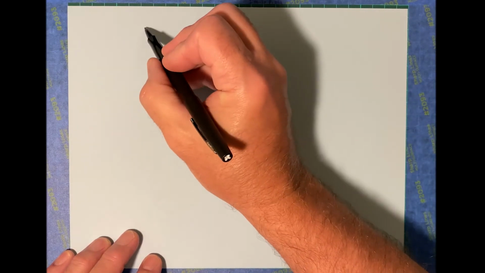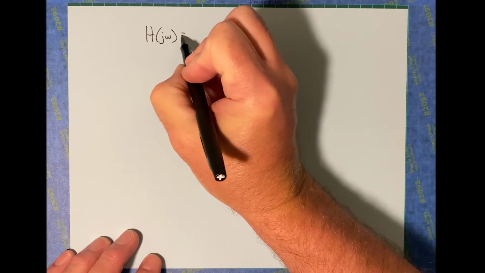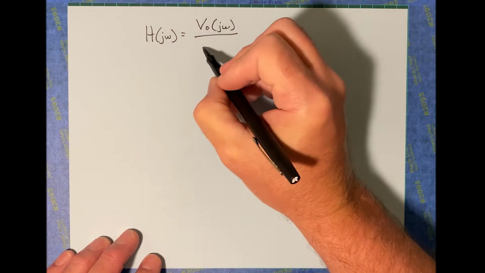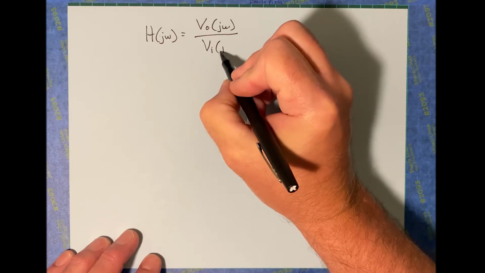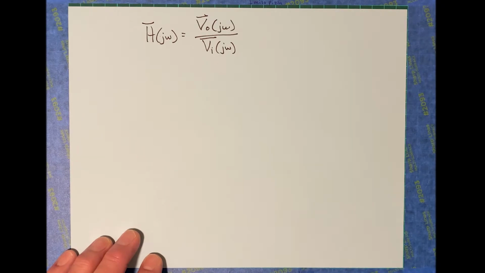Transfer function is going to be H of j omega. That's going to be V output, j omega divided by V input, j omega. Again, everything's phasor here.